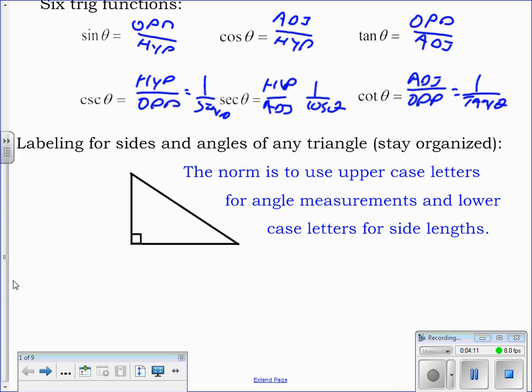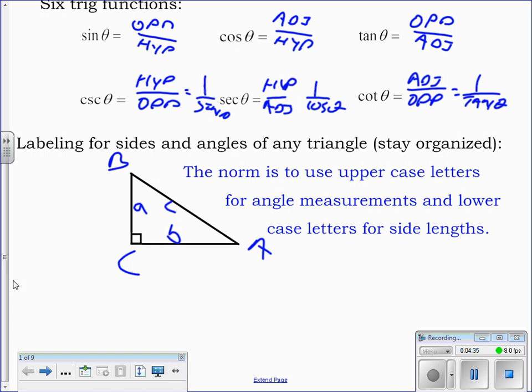Standard labeling of a right triangle. You have your 3 angles, A, B, C. C is always the right angle. Uppercase for the angles. Lowercase is the length of the sides opposite those angles.